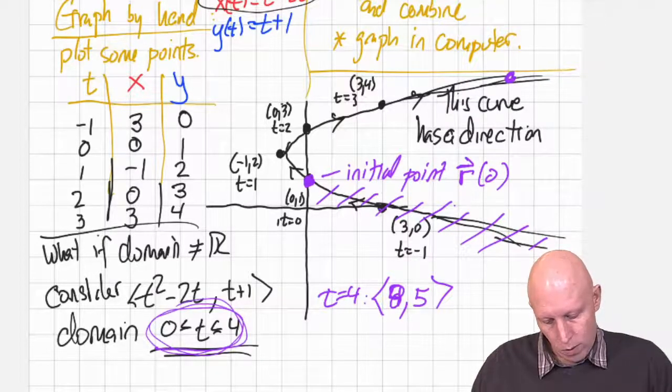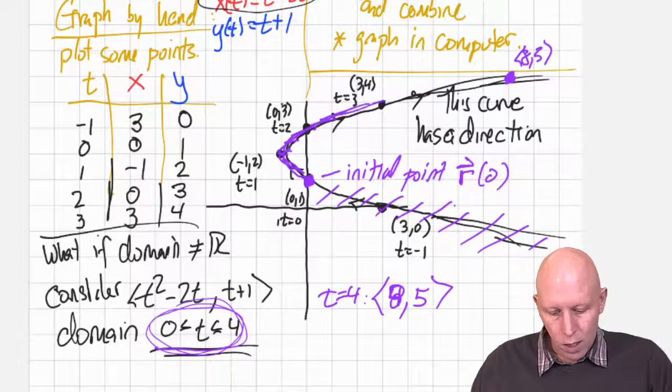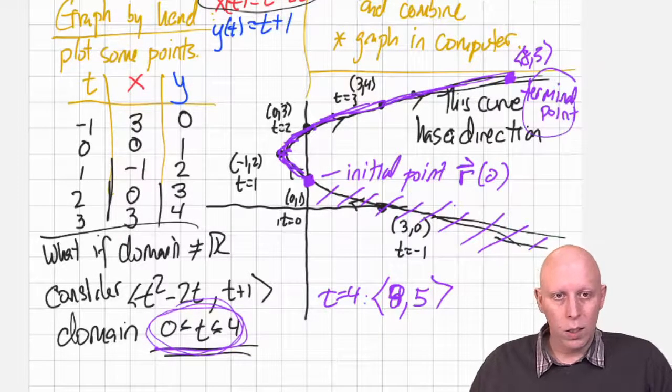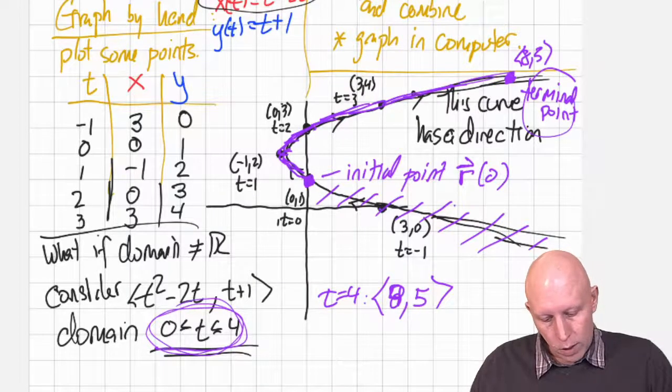So this is our 8 comma 5. And the range, so the parametric curve, starts at the initial point and ends at the terminal point. Okay, and so this is r of 4.